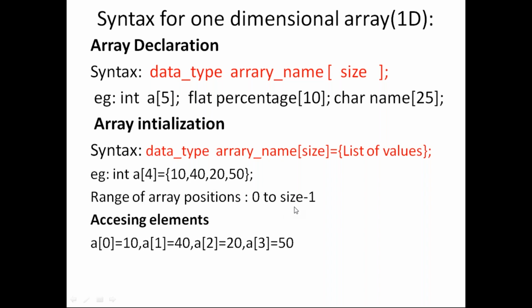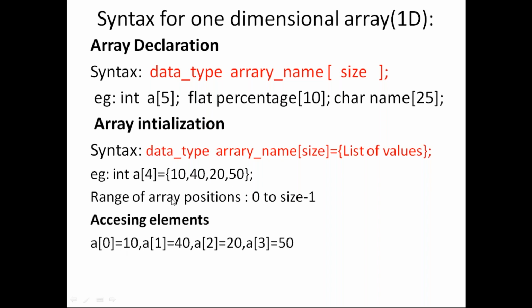The range of array positions is 0 to size minus 1. As the size is 4, 4 minus 1 is 3, so the positions are 0, 1, 2, and 3.